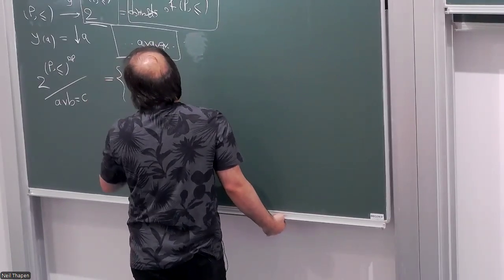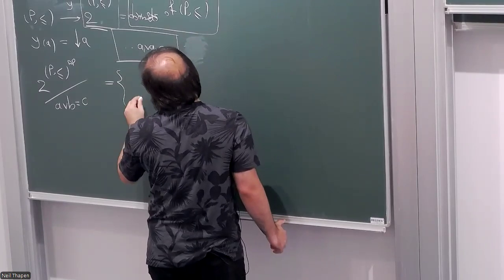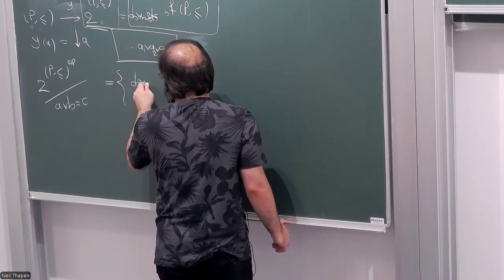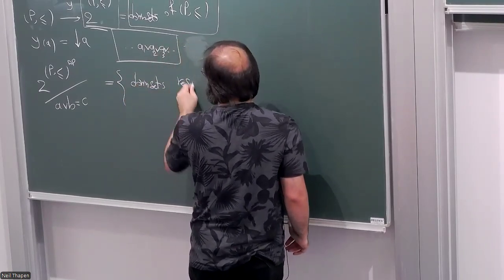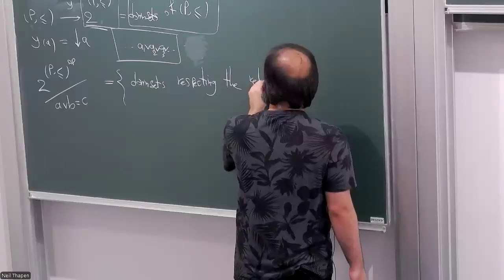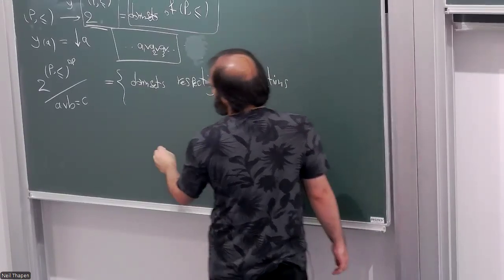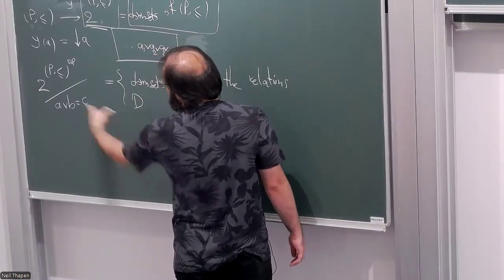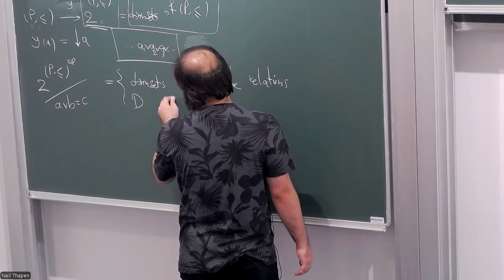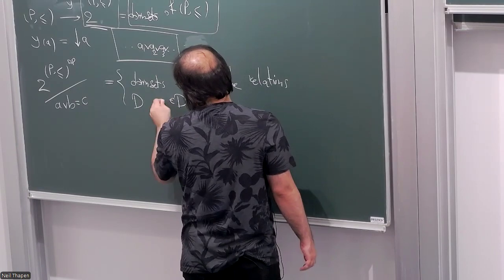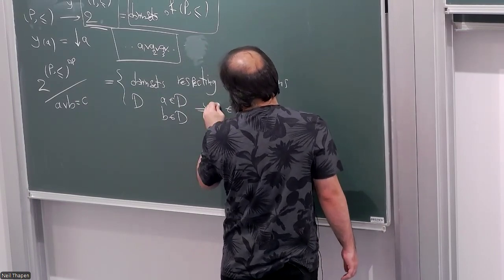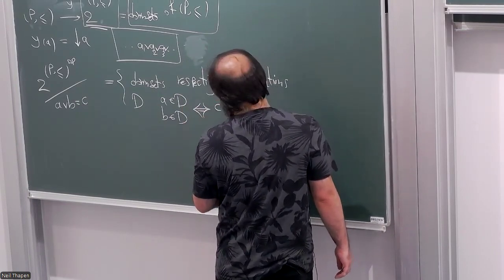So you restrict yourself from all downsets to all downsets respecting the relations, meaning that so you have a downset D. Respecting simply means that if D has A and if D has B, then D has C and vice versa, right?